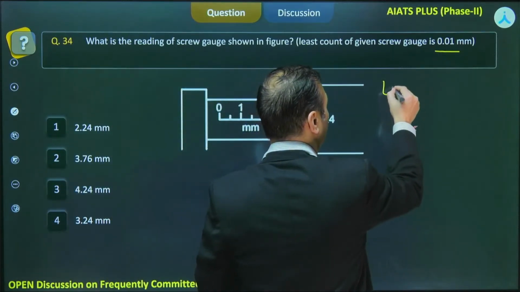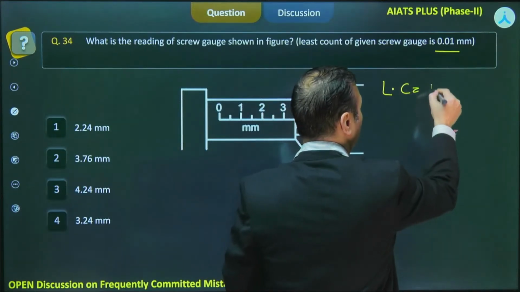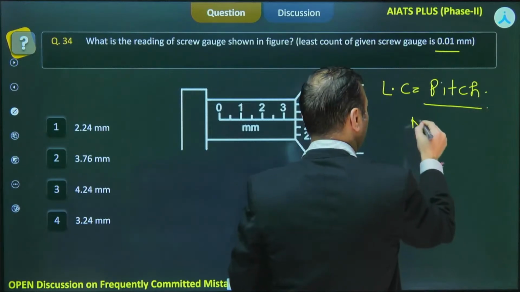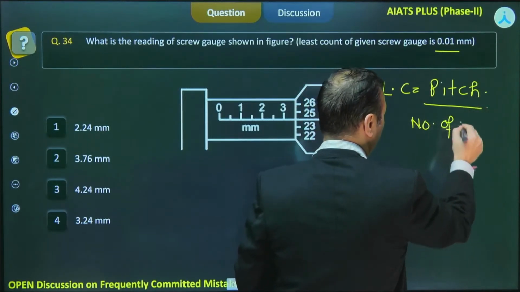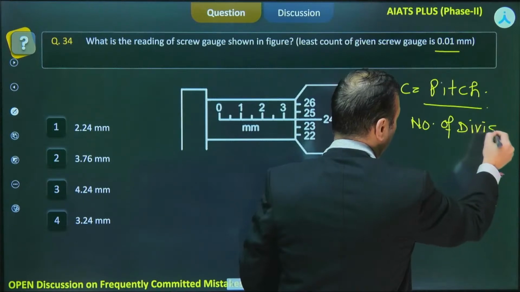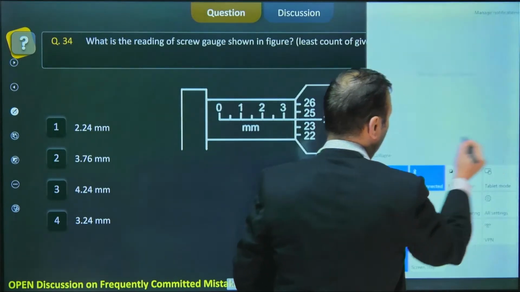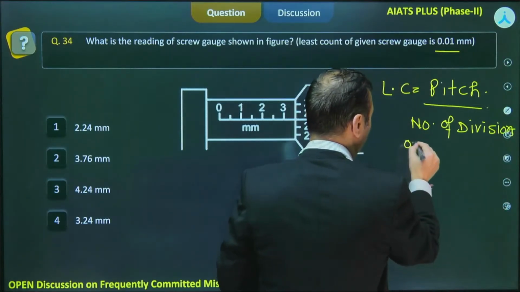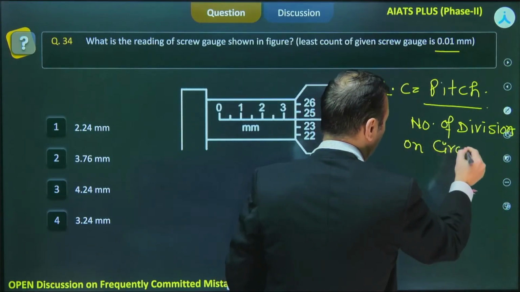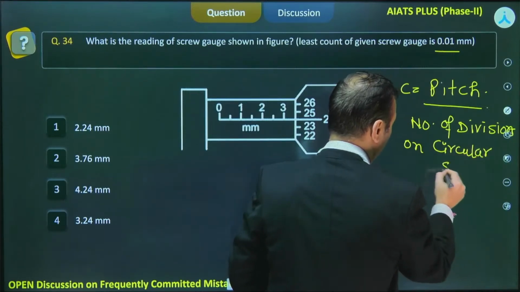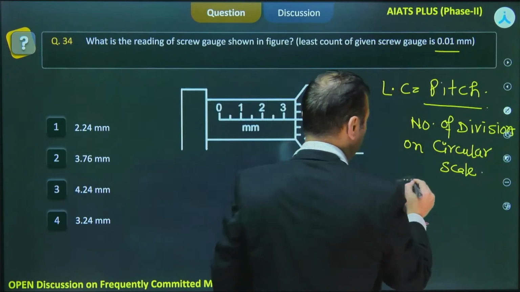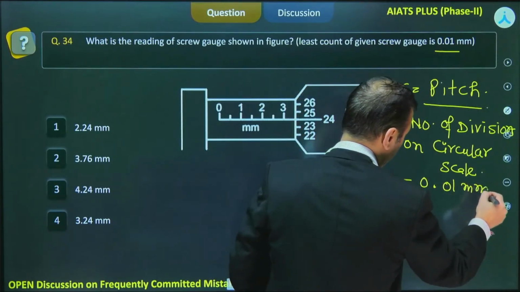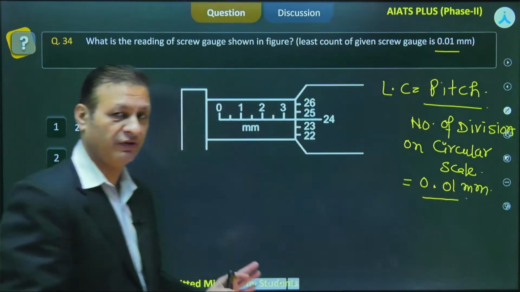So least count is basically defined as pitch by the number of divisions on the circular scale, and this least count is already given to us, known to us as 0.01 millimeter.